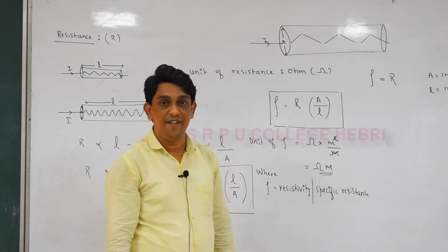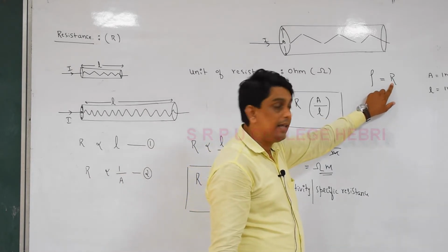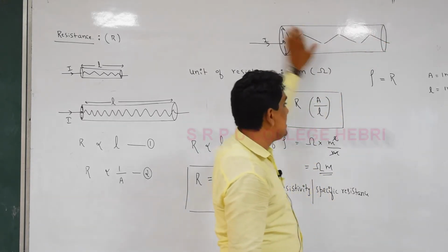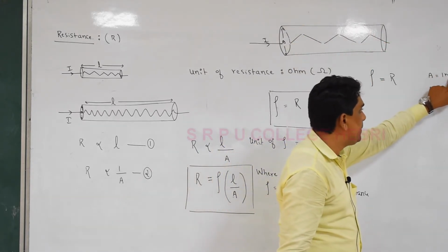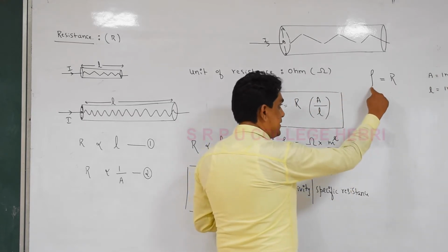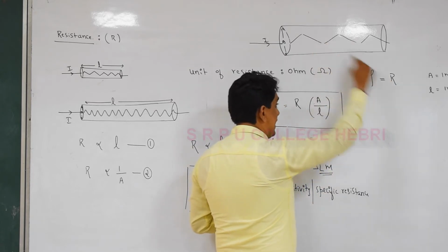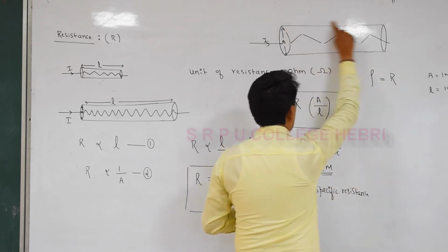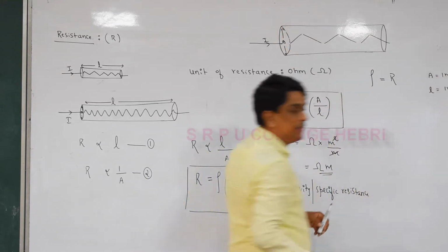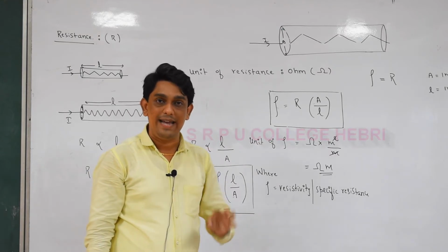Now let us define resistivity as resistance in the material of length 1 meter and area 1 square meter. Let me repeat it. Resistivity is resistance in the material of length 1 meter and area 1 square meter. It is the definition of resistivity of material.